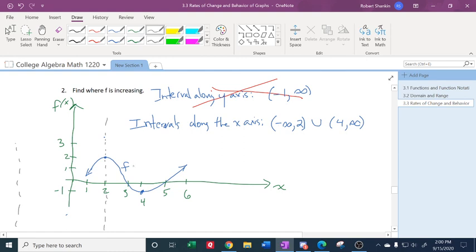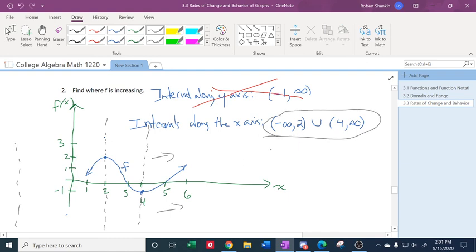See? And then between 4 and out to the right forever, 4 to infinity, there's only one portion of the curve here as well. So this is the most efficient way to state where f is increasing. Right here.